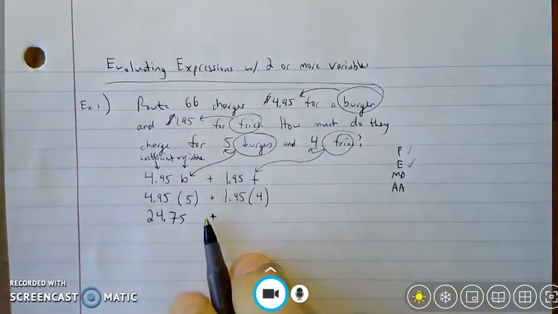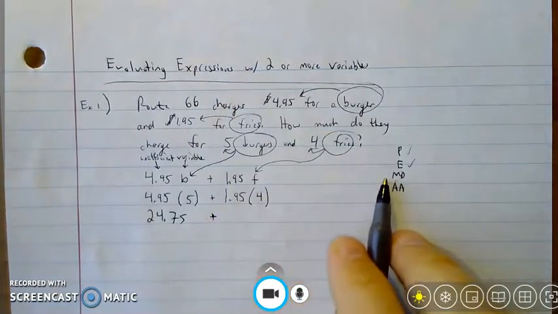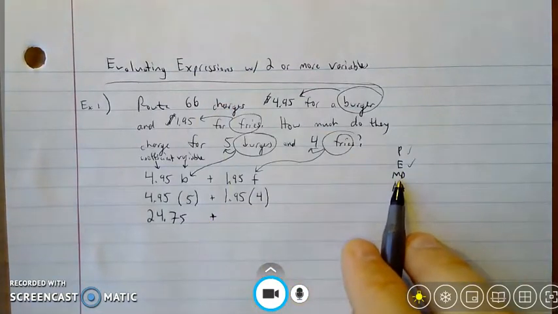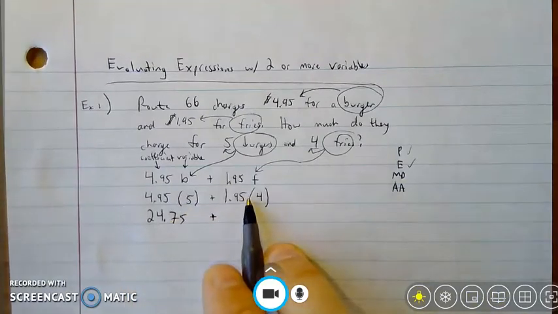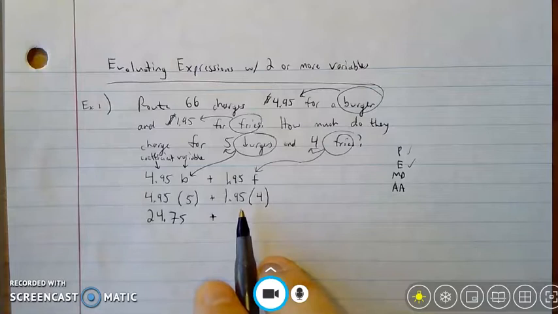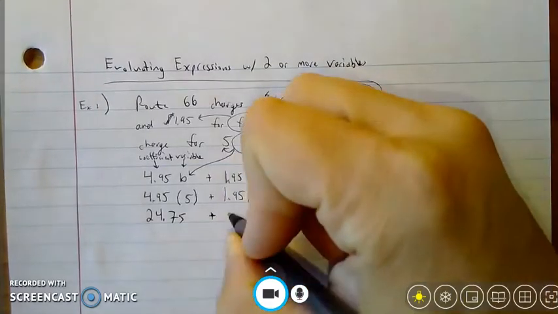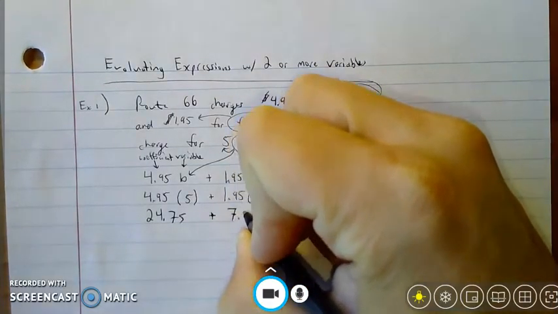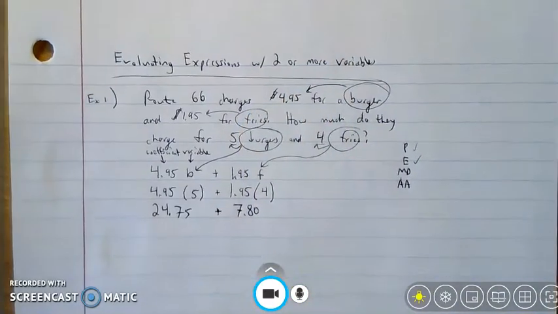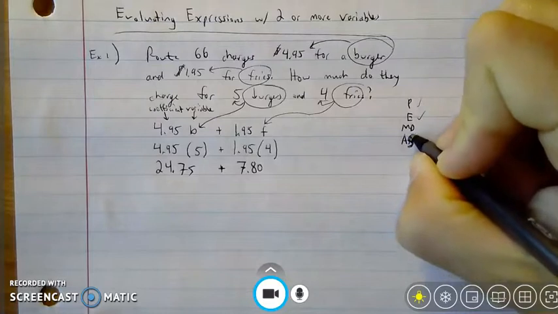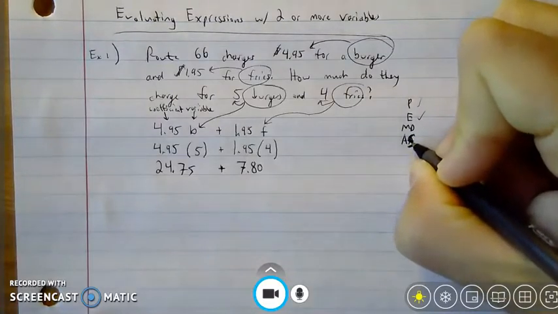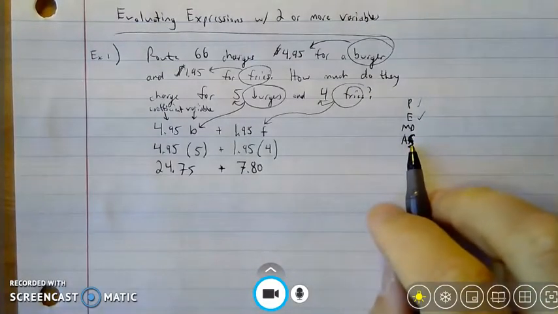I'm not going to do my addition yet because I still have more multiplication, so I'm still on the multiplication and division step. I also need to multiply $1.95 times 4, which gives me 7.80. Now the only operation left, my bad, I put AA, should be AS for adding and subtracting.